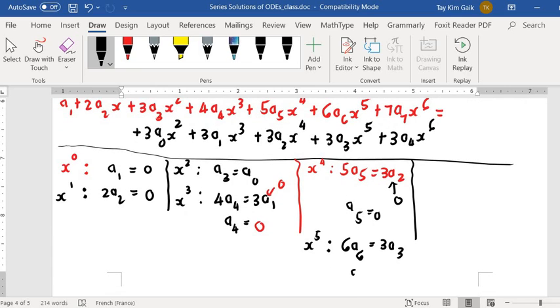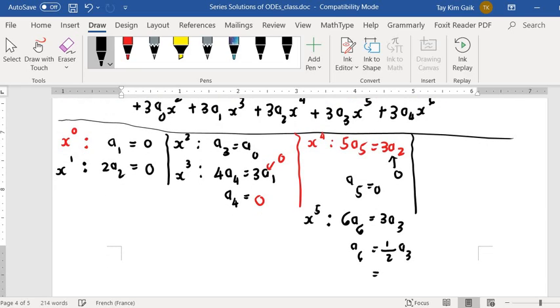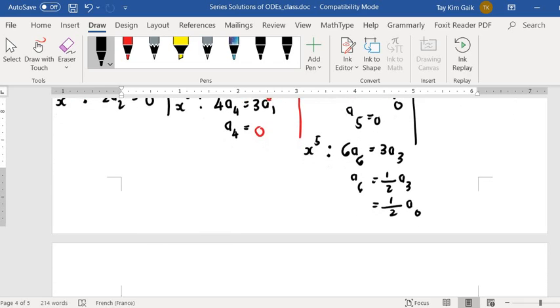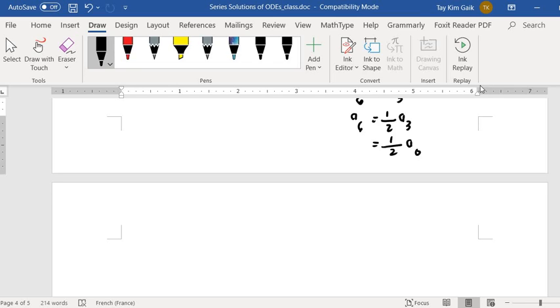So that means a6 equals half a3. Okay, a3 is a0, so a0 is one term, then a3, a6. So we got the first three terms, up to a6.